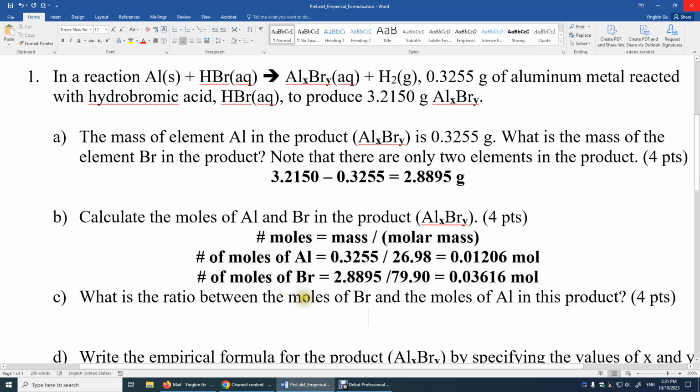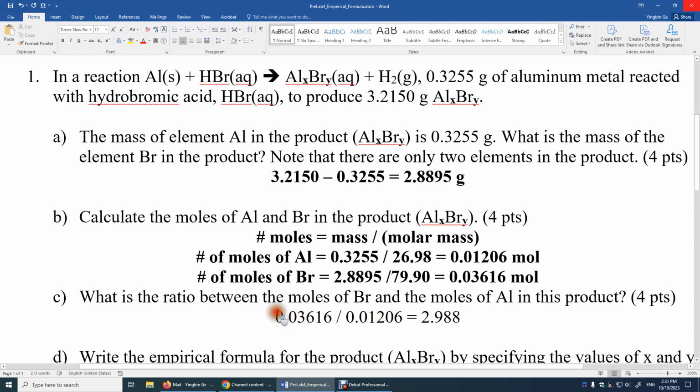What's the ratio between the moles of bromine and the moles of aluminum? When you compute the ratio, it's just a division. That's how you do this division to get a ratio.